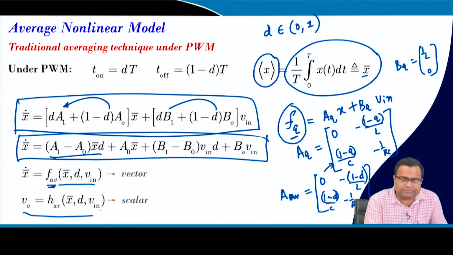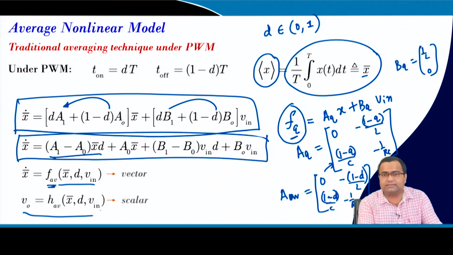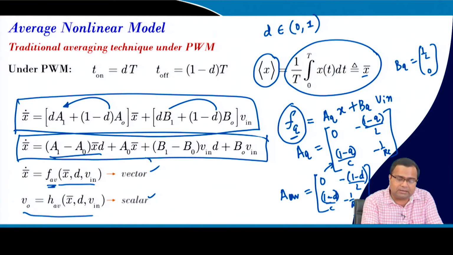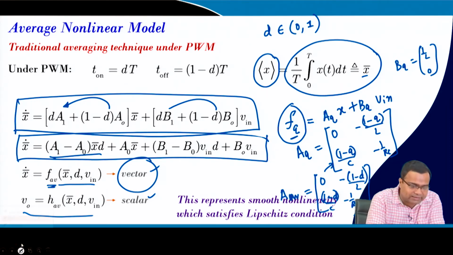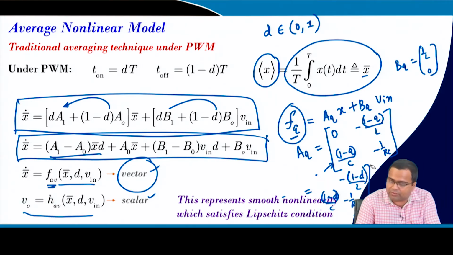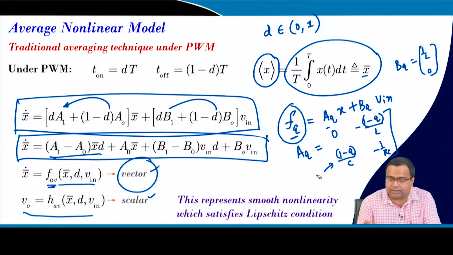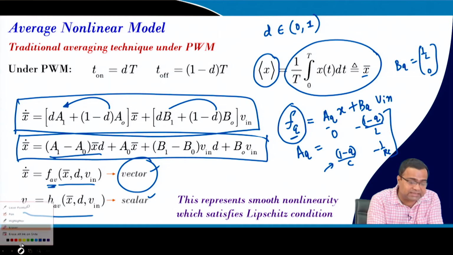Similarly, we can write the expression of the output voltage, and this is a scalar, this is a vector, but this is a smooth vector, and it satisfies what is called Lipschitz continuity, so that we can apply Taylor series linearization.